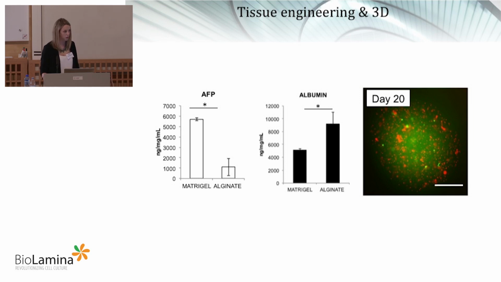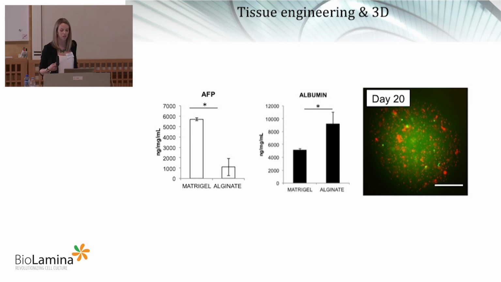We then encapsulated these cells in alginate beads, and we saw a dramatic increase in albumin production, and more importantly, a significant decrease in AFP production. However, 20 days later, the majority of cells were all dead, so this obviously needs improvement.